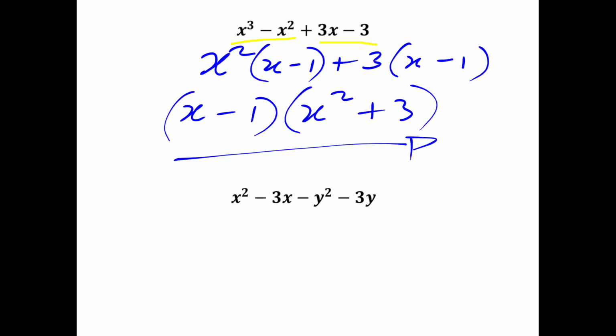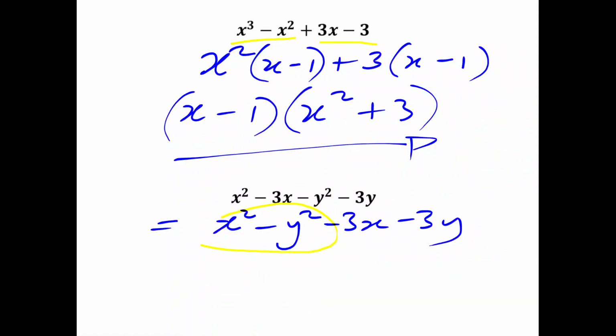We rearrange this. We say x squared minus y squared, and then we say minus 3x minus 3y. Then the next thinking is to think that this is the difference of squares. The first group is a difference of squares.